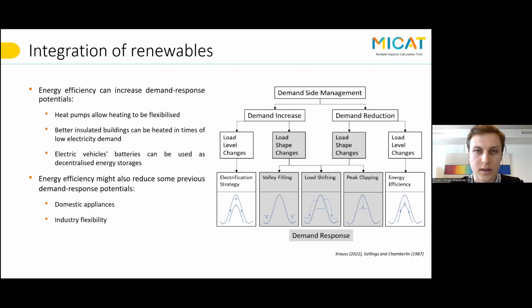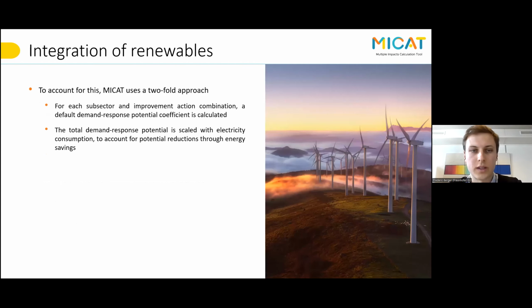So how does MICAT approach this issue? We use a twofold approach. On the one hand, we basically scale those potentials with the electricity consumption, because demand response is bound to be linked to electricity.